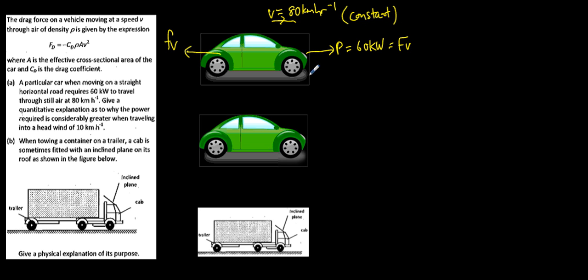Only then is there no acceleration, and the object will move at constant speed. What is F? We know that F, the drag force here, is equal to CD A rho V square. This is actually the frictional force.